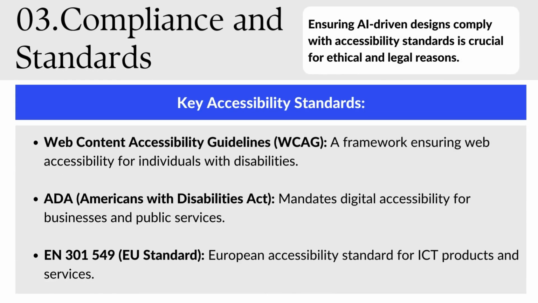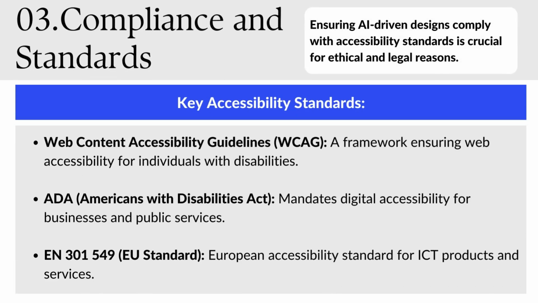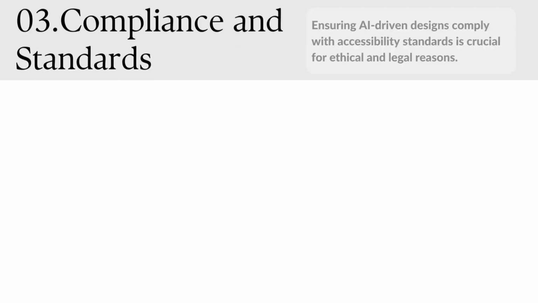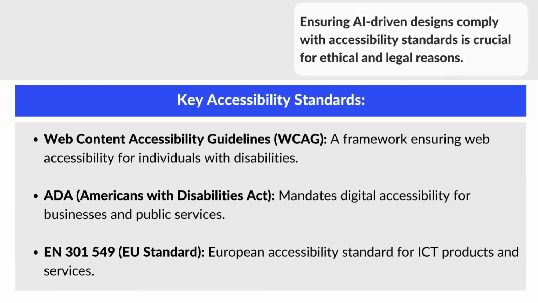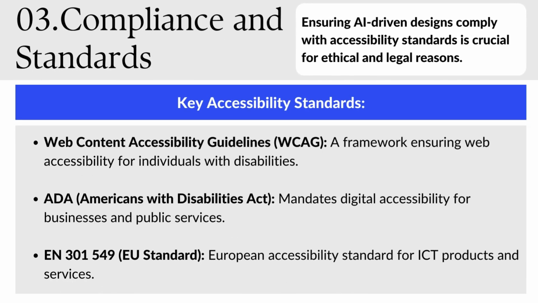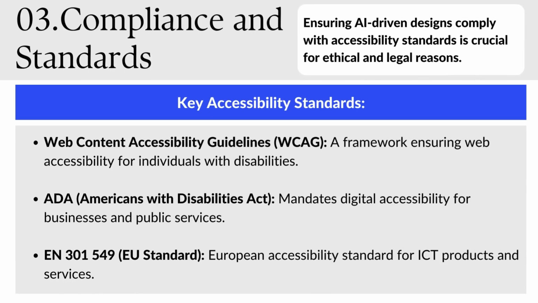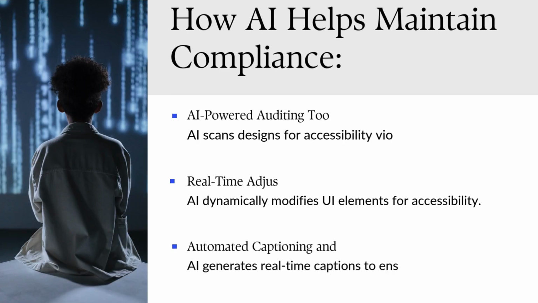Next on our list, we have the EN 301-549 EU standards, which is a European accessibility standard for ICT products and services. So guys, let's go ahead to understand how AI helps to maintain compliance.